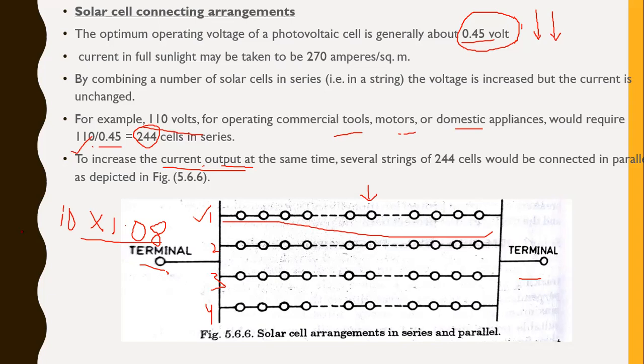So with a concentration factor of, suppose, 100, the current from a single string will be increased to about 100 amperes. And if you take a number of cells in the string sufficient to produce 110 volts, the total electric output will be approximately 12 kilowatts.